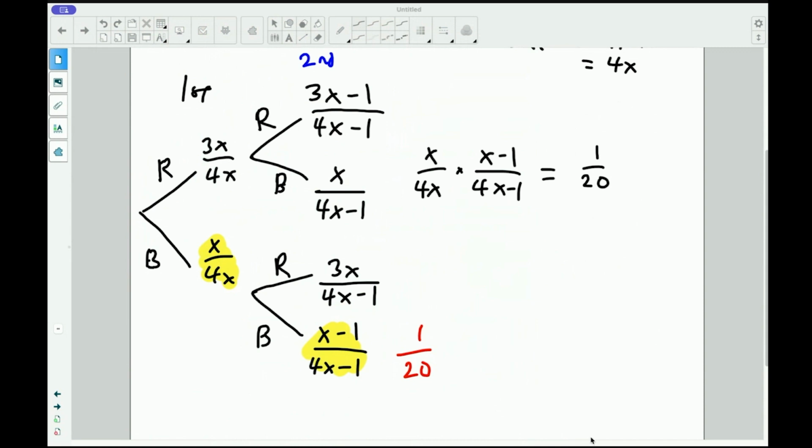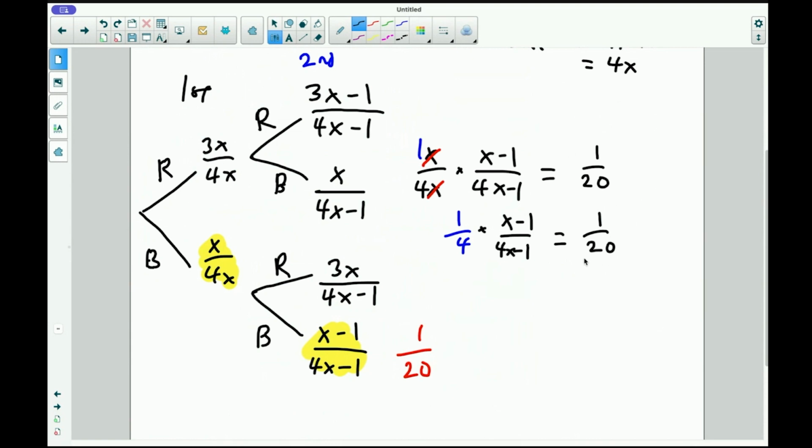And now you're probably thinking, oh no, we're going to work with some quadratics. Not necessarily, because this is where we can start to get rid of some of our variables. x divided by 4x is just going to be 1/4. So I have 1 over 4 times x minus 1 over 4x minus 1, and this is going to be equal to 1 over 20.